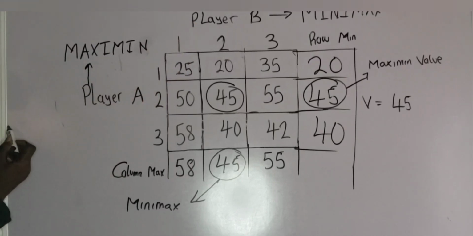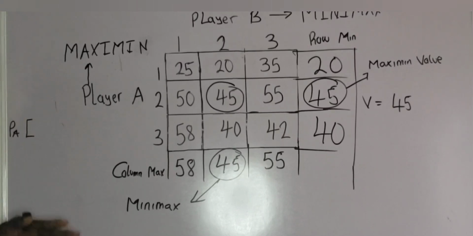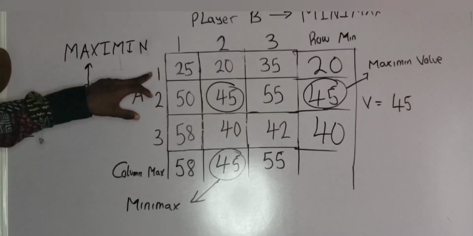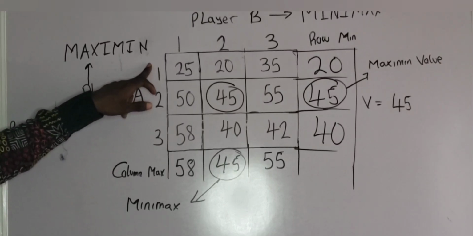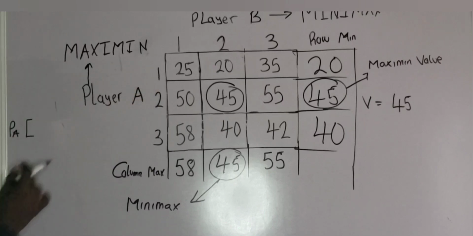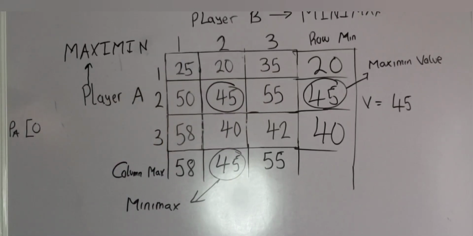Now, the probability of player A, let's start with A. The probability of player A is this. Now, player A will not choose the first strategy because he doesn't have a saddle point there. You understand? So the probability of the first strategy, which is this, for player A is what? 0. Do you understand?